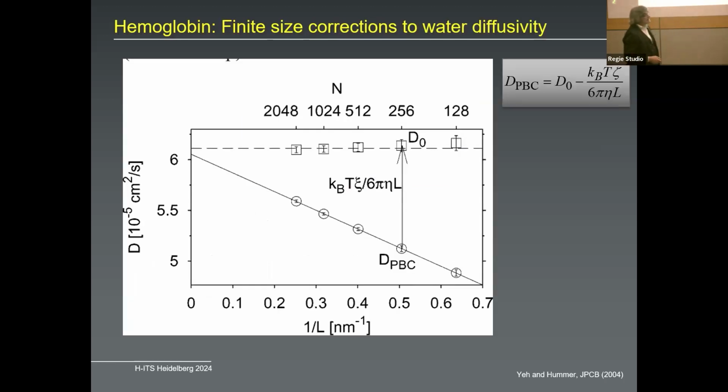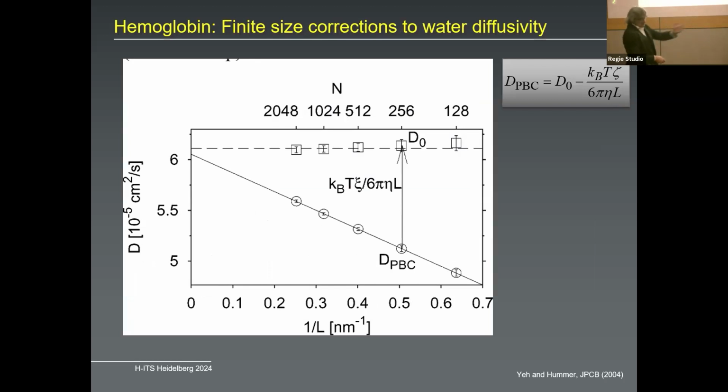And what we realized was old work by Gerhard Hummer, who showed, for example, that there are very strong finite size effects on the diffusion coefficient. If you have a small box of water and a larger box of water, the diffusivity just keeps on increasing.